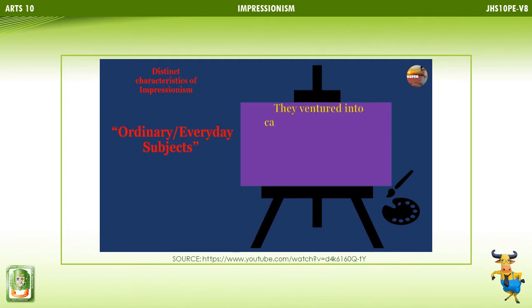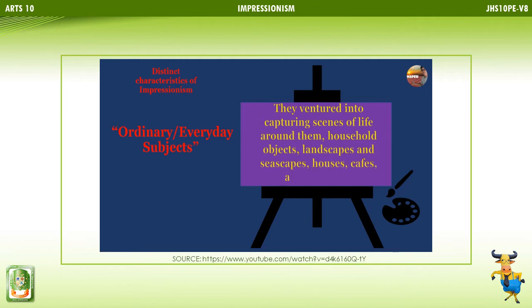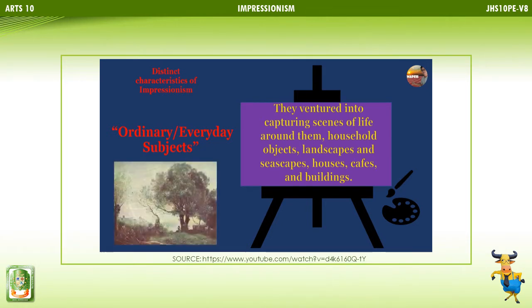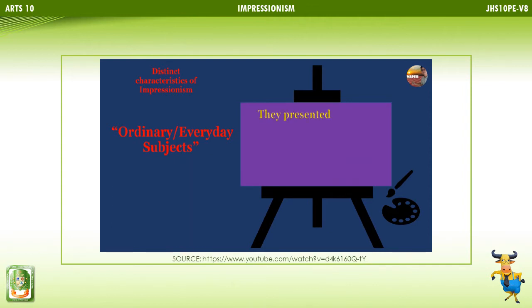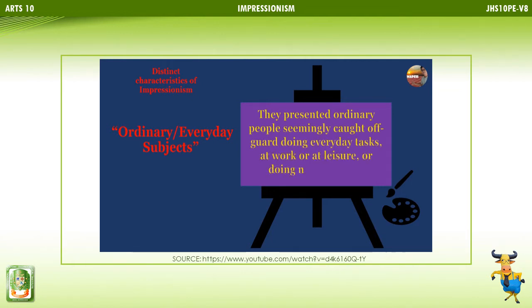They ventured into capturing scenes of life around them: household objects, landscapes and seascapes, houses, cafes, and buildings. They presented ordinary people seemingly caught off guard, doing everyday tasks, at work or at leisure, or doing nothing at all.